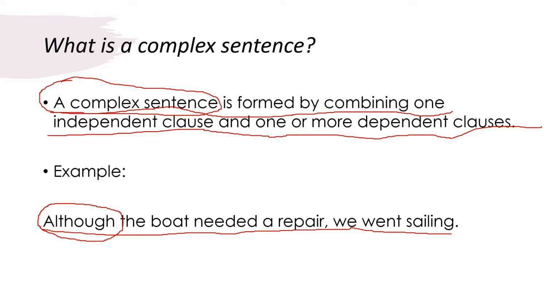And then I put a comma, and then I said we went sailing. We went sailing, this is an independent clause. So since we have here a dependent clause and an independent clause together, that's why I call this whole sentence a complex sentence.